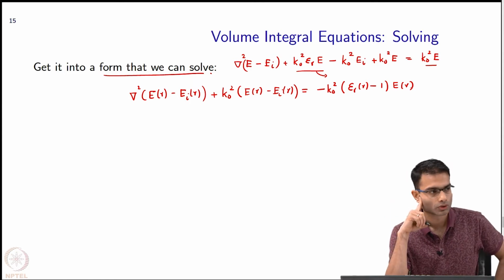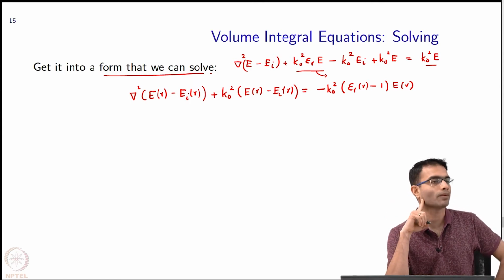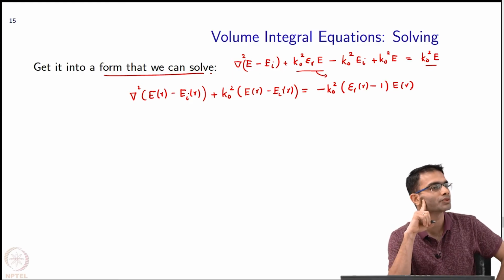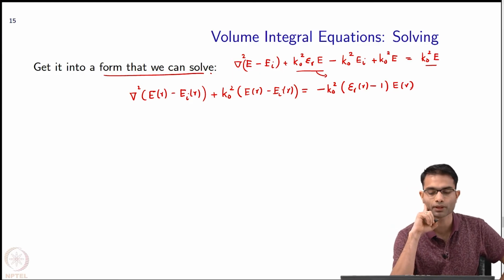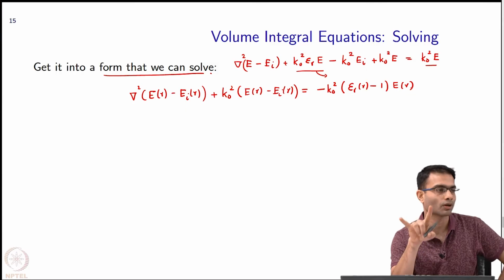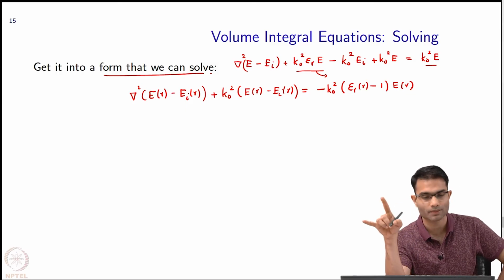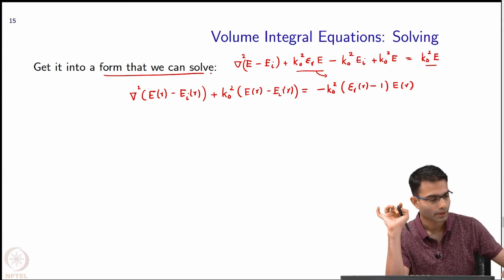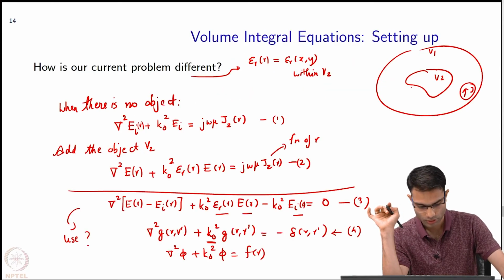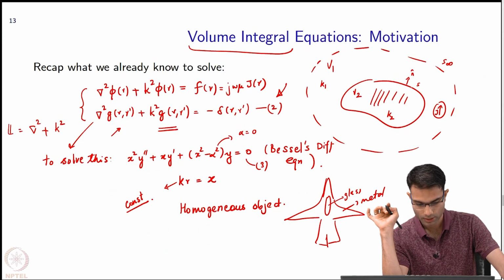Now this looks like a form that we can solve using our Green's function. Why? Simply because the operator, del squared plus k naught squared, has appeared on both sides.